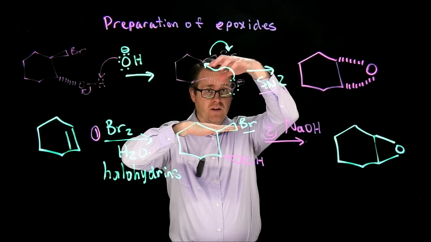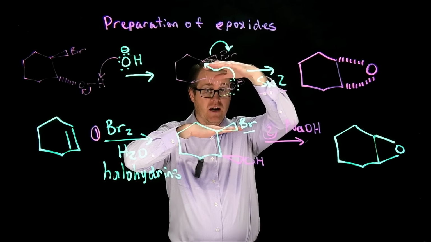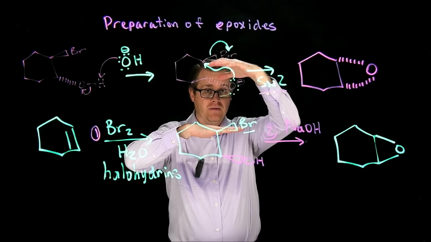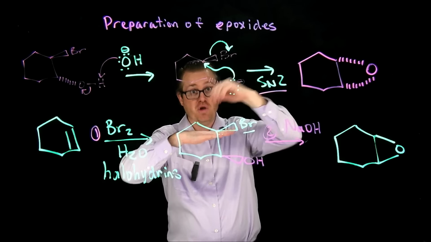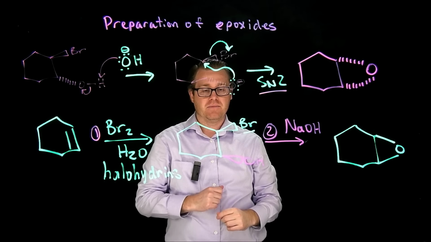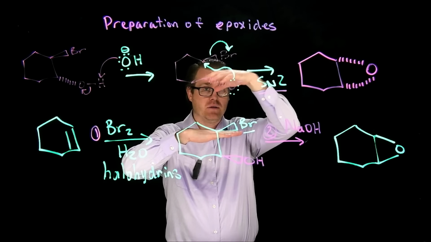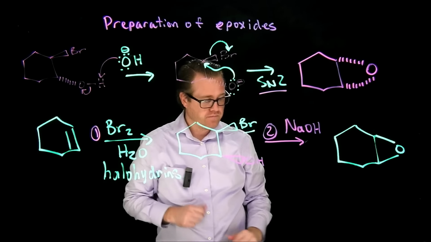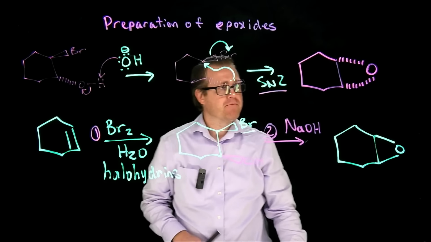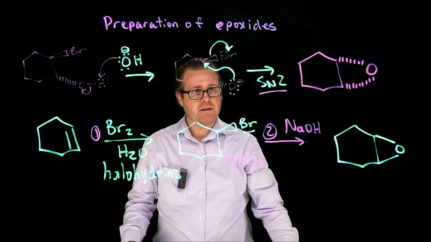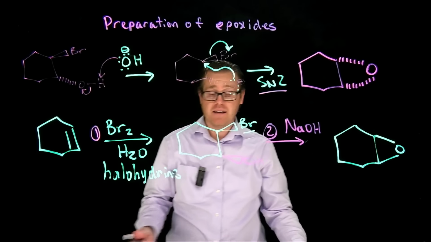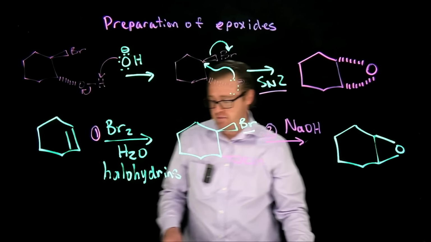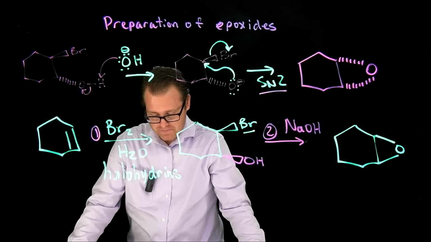The hydroxyl's over here, right? And then what's also on top of the ring? The bromine. So it can't do backside attack because it's all up here. Okay, so make sure that that makes sense, and if it doesn't, let's chat and we can go over it in more detail.